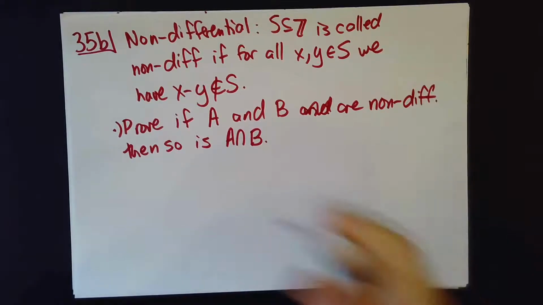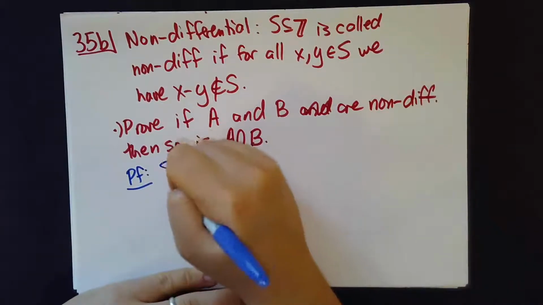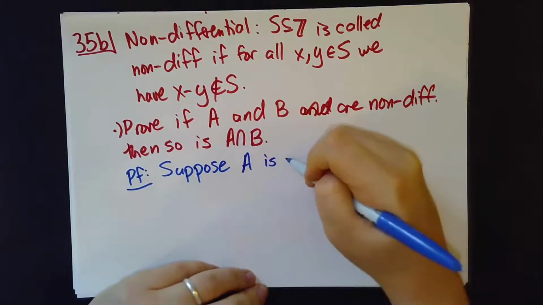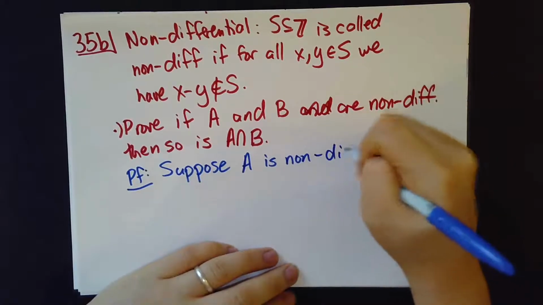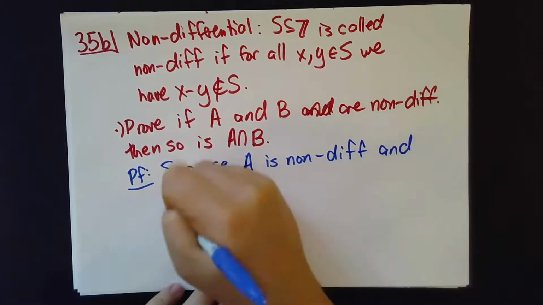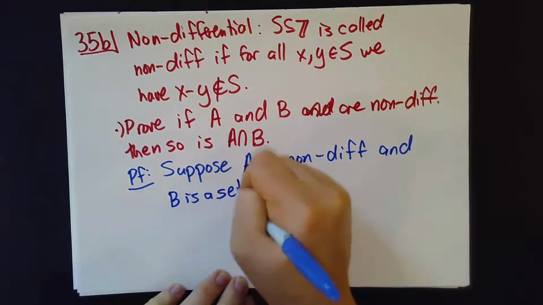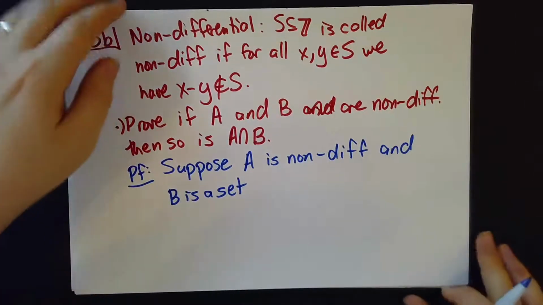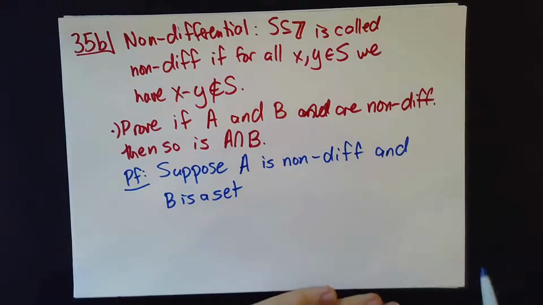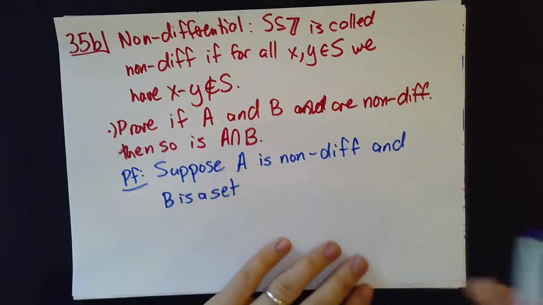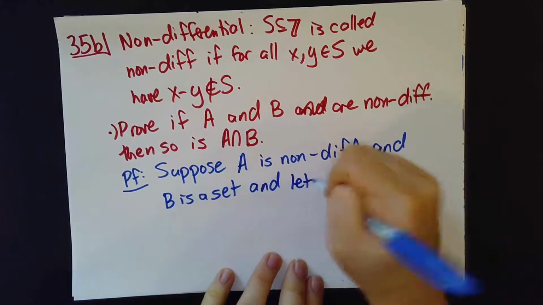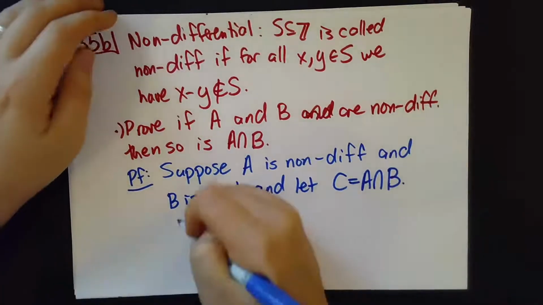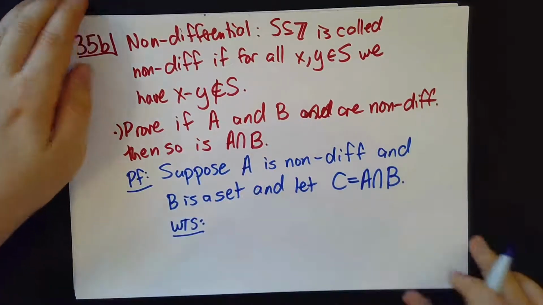Okay, so to do this, I'm going to suppose A is non-differential and B is a set. It will transpire in a moment that B doesn't need to be non-differential, that is an unnecessary hypothesis, so that is why I'm writing it this way. But if you were doing this for the first time, you would probably not know that. And let's let C equal A intersect B. The thing I want to show is that C is non-differential.